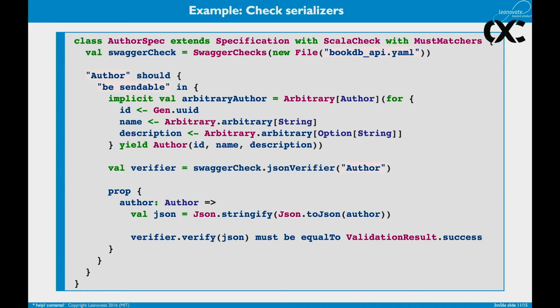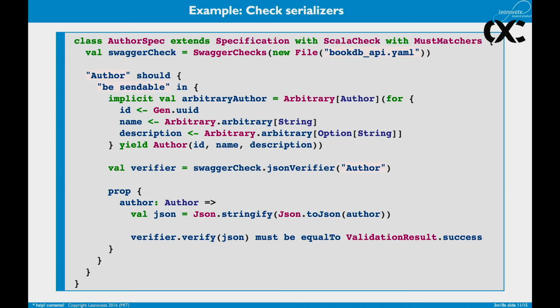And in this case, I just say, hey, is my Author sendable? This means when I generate an Author in my application and serialize it to the outside world, does it verify against my specification? And this last part here is more or less just a JSON verifier. You just generate an arbitrary case class, then create a JSON string, and then just see, is this JSON compatible with my specification?